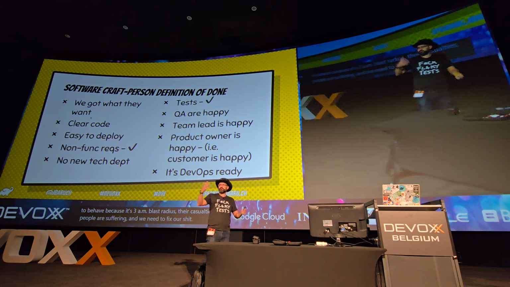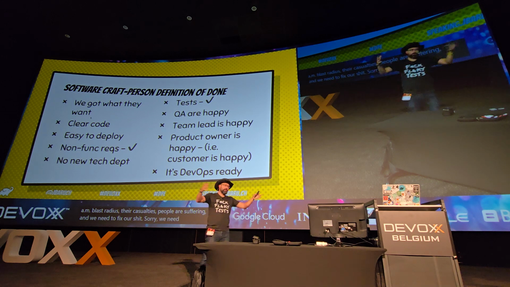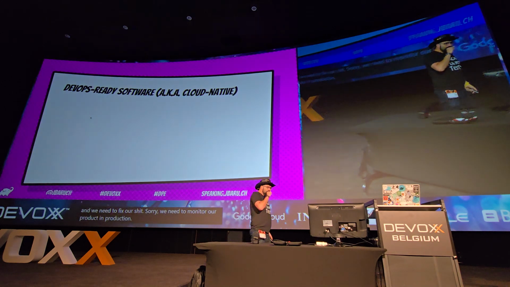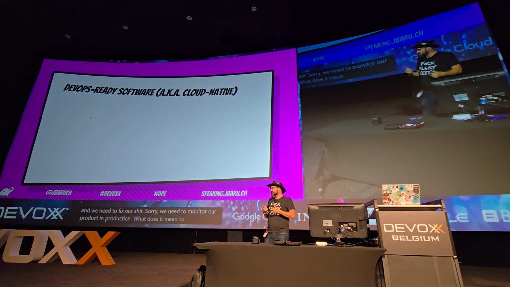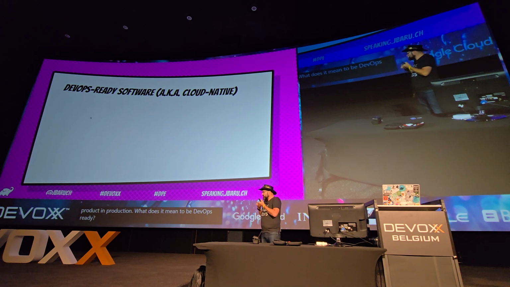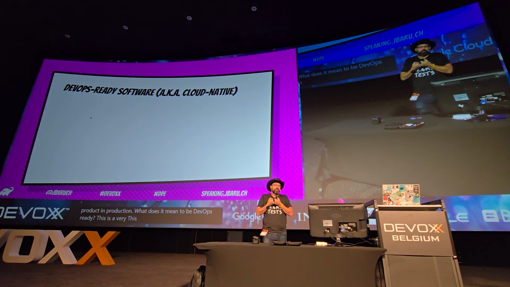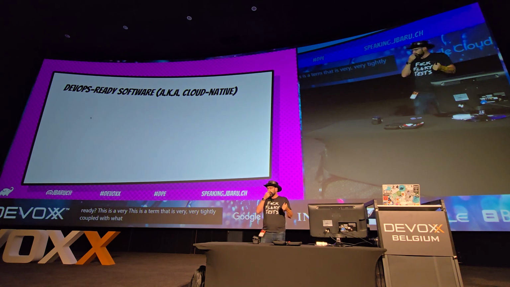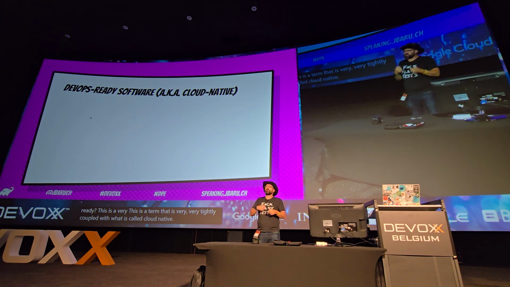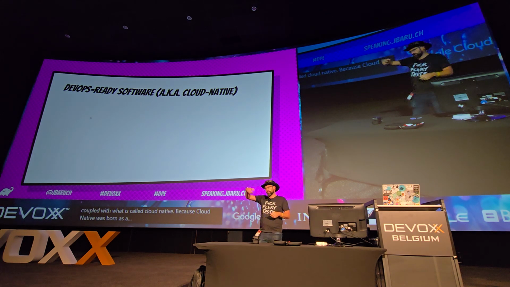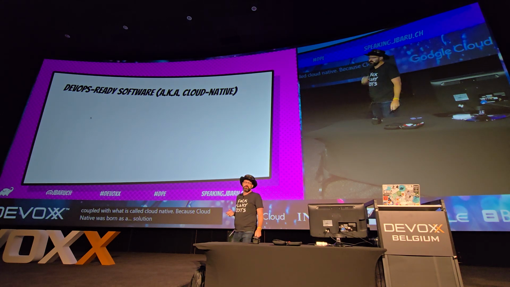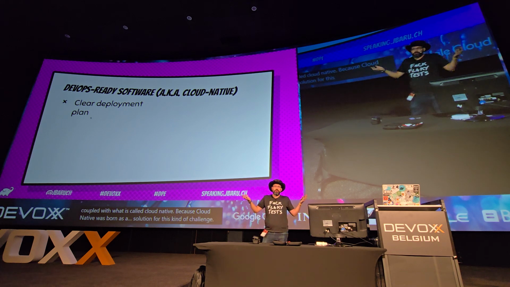Sorry, we need to monitor our product in production. What does it mean to be DevOps ready? This is a term that is very, very tightly coupled with what is called cloud native, because cloud native was born as a solution for this kind of challenge.